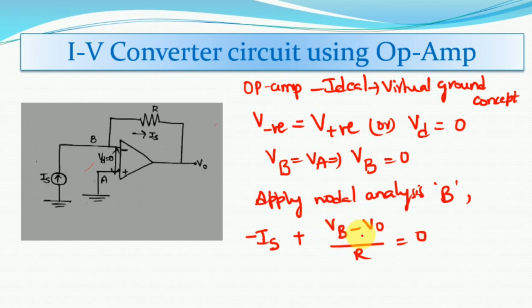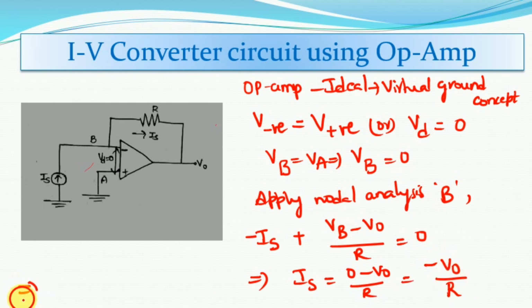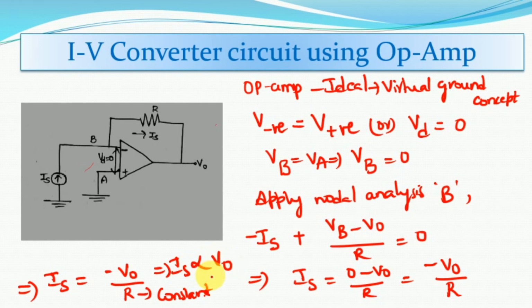Since VB is 0, I can write IS as (0 minus V0) by R, which is equal to minus V0 by R. Finally, we obtain the IS value as minus V0 by R. If you keep the R value constant, then we can say that IS is always proportional to V0.